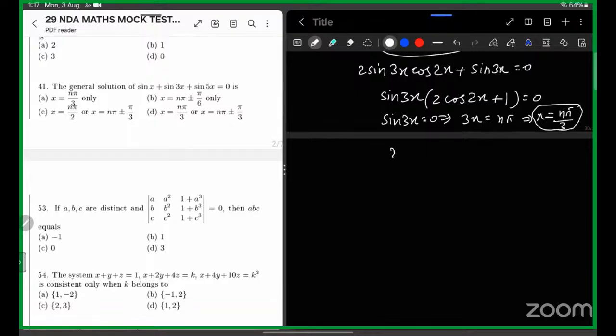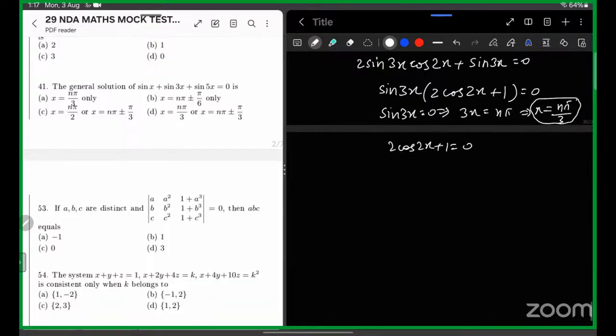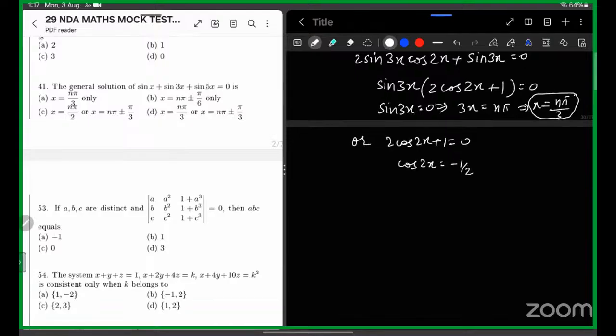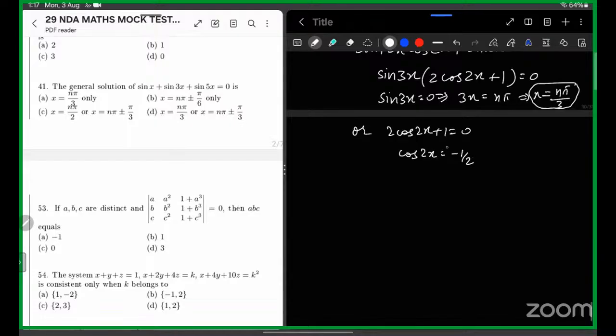Second part is 2 cos 2x plus 1. Here we are going to get cos 2x equal to minus 1 by 2. Minus 1 by 2 in second quadrant, I can write it as cos 2x is equal to cos.